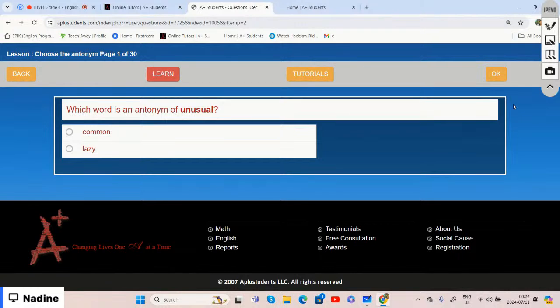Is it common or is it lazy? All right. And if we were to choose the opposite of unusual, or the antonym of unusual, then yes, we would say it is common.